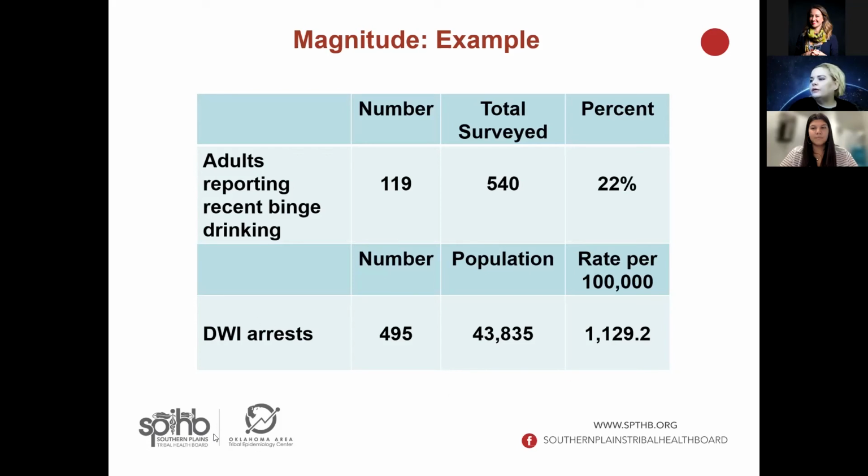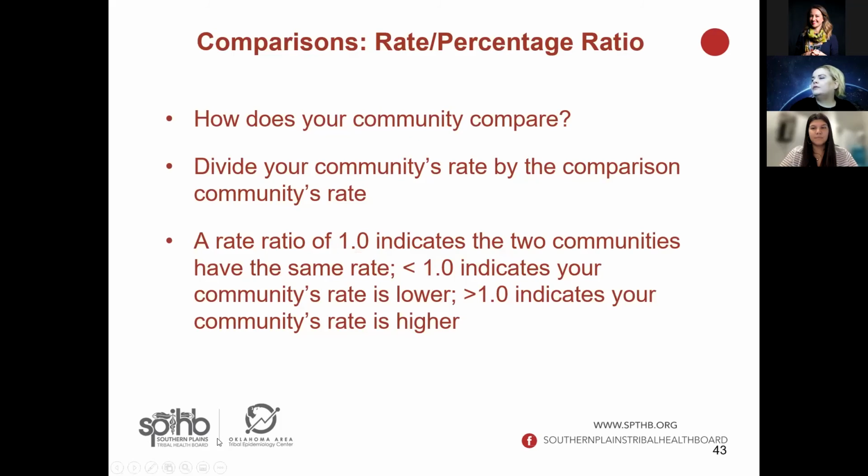So another thing you can do when you're measuring magnitudes is you can do comparisons and a rate or percentage ratio. And those can be done, like I said, either with a percentage or with a rate. And so you look at things like, how does your community compare to others? How does it compare to the state? Or how does the state compare to the nation?